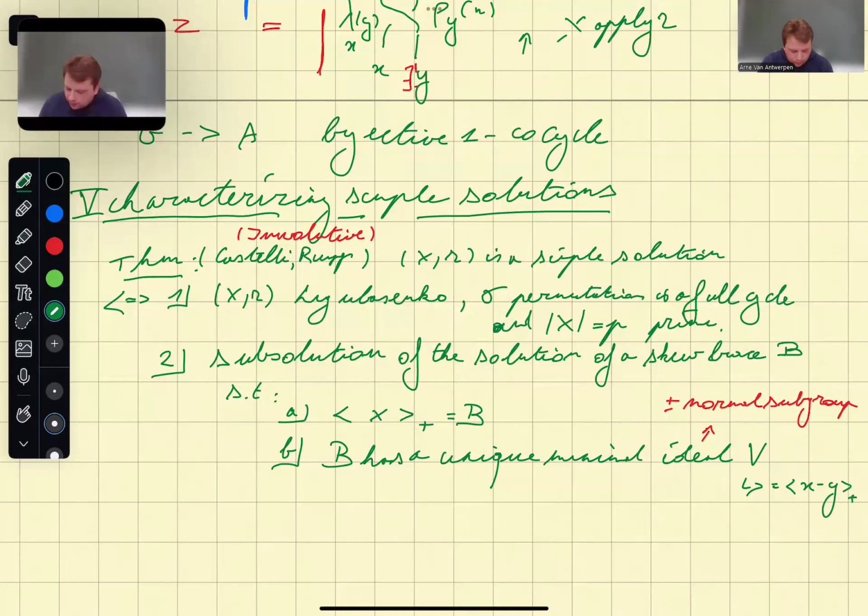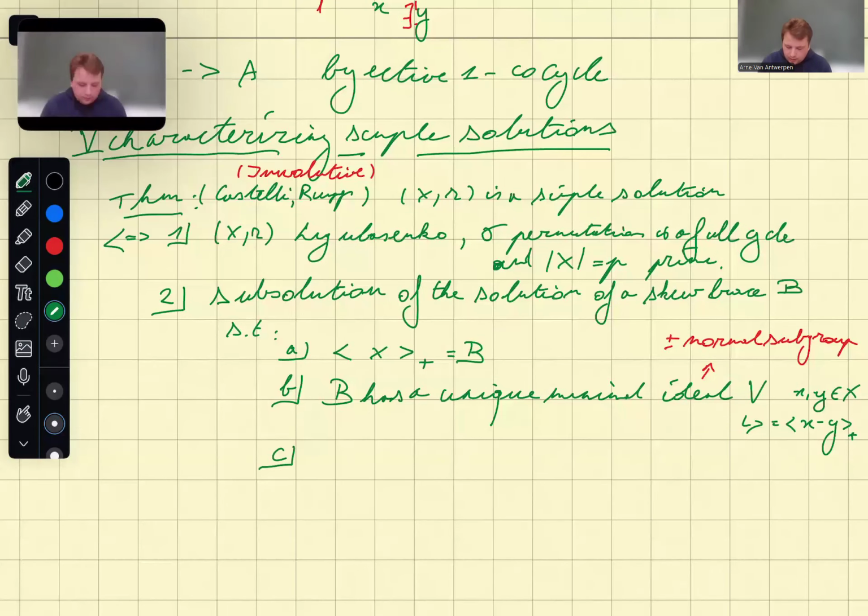So you also feel, what does this entail? Well, if you would kill V, so if you look at B where you quotiented out V, this will collapse the full X, which was a set of additive generators of B. So that has to be a cyclic group, well, it has to be cyclically generated additively.